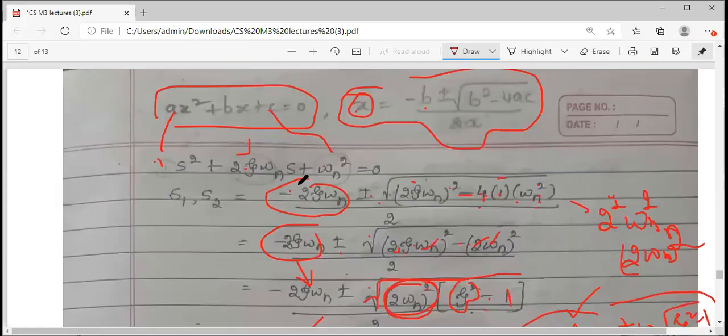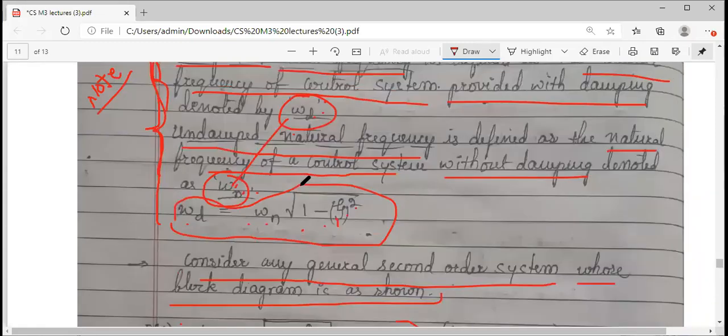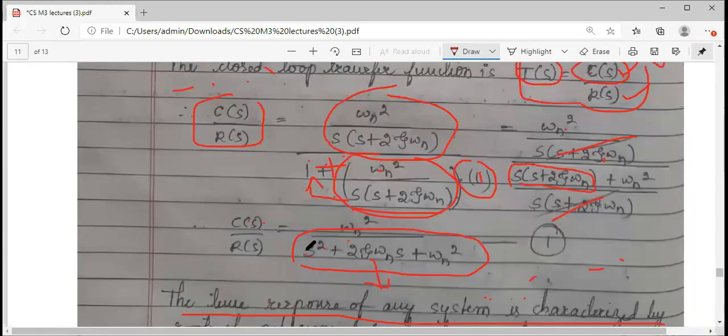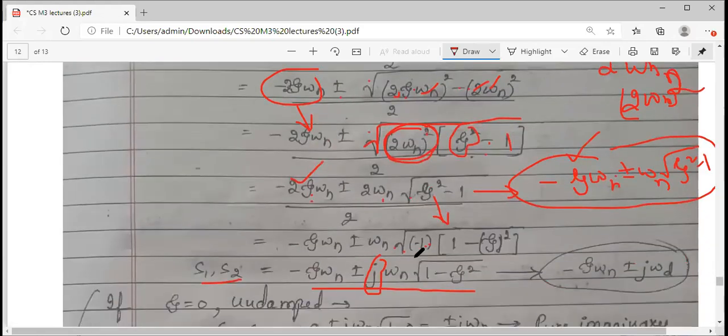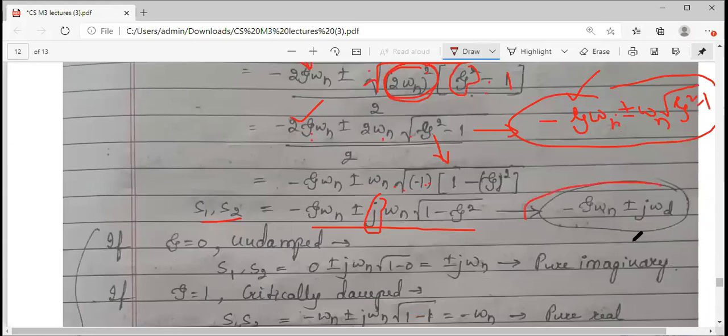And as a note I have given you before this analysis, wn root of 1 minus zeta square is equal to wd. So instead of this complete value wn root of 1 minus zeta square, I can simply take wd. So this is the answer I get.